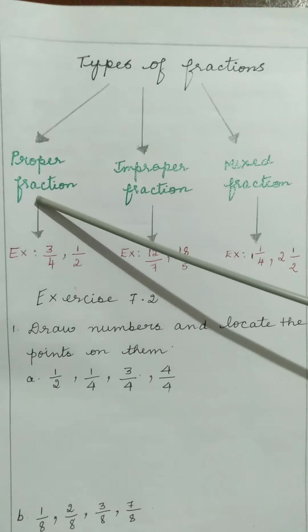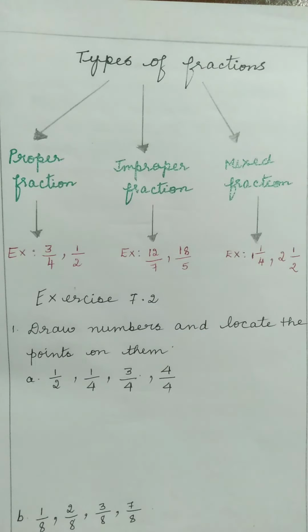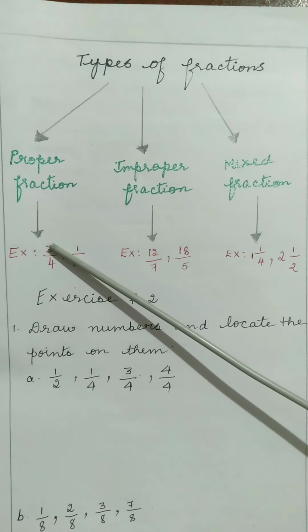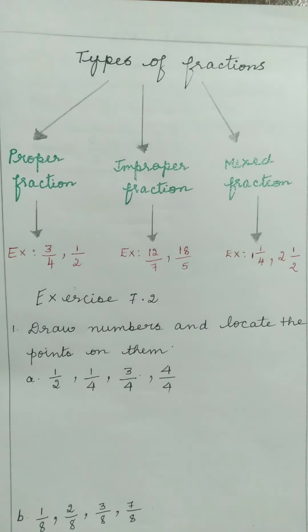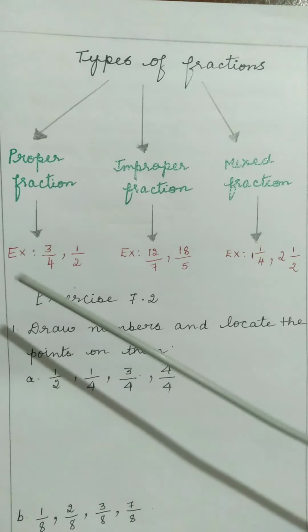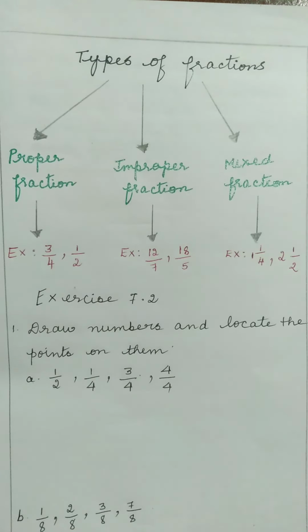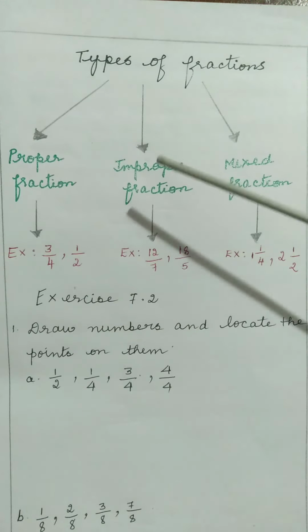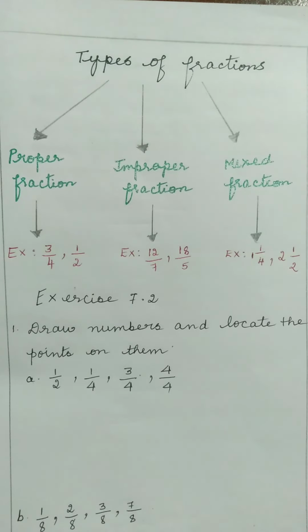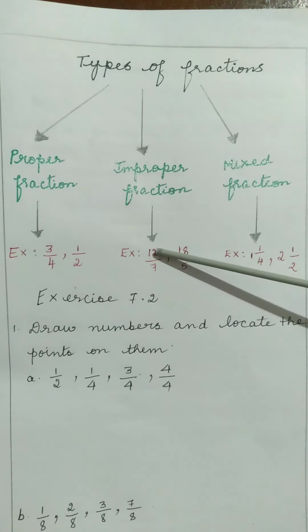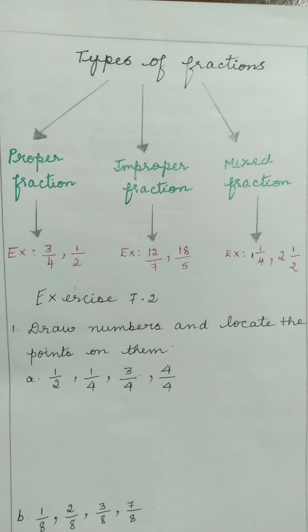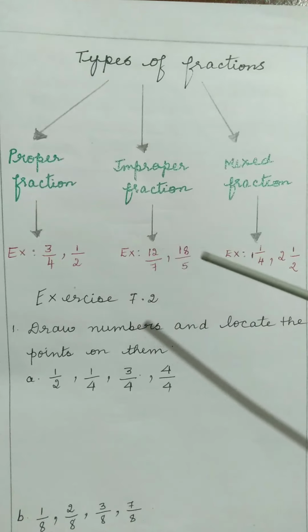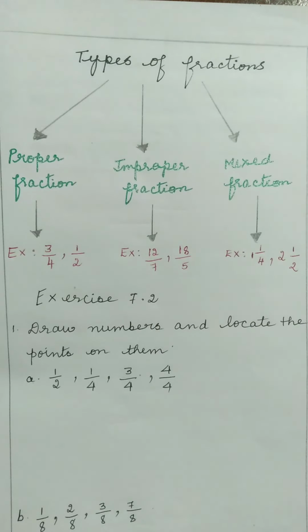In a proper fraction, the numerator will always be lesser than the denominator. Example, 3 by 4, 1 by 2. In an improper fraction, the numerator is bigger than the denominator. Example, 12 by 7, 18 by 5.